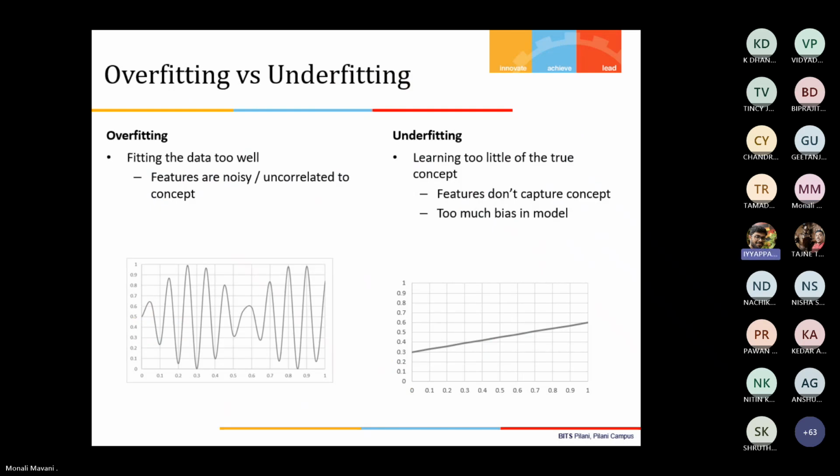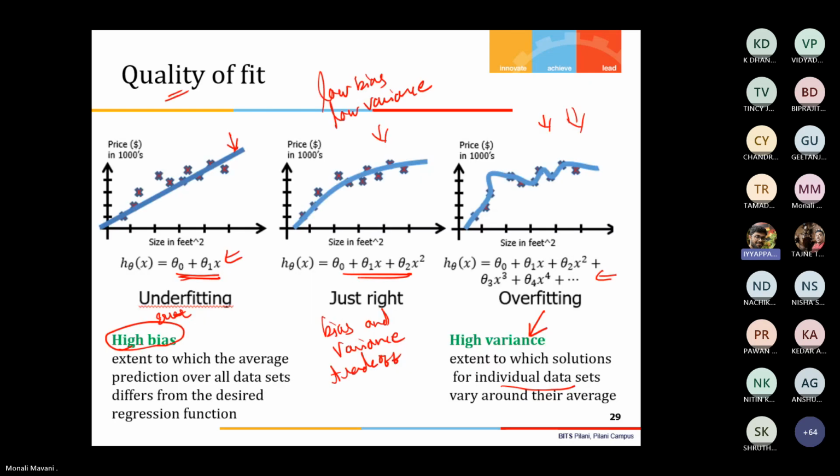Regarding the variance, will we consider the population or just the sample? We generally sample. During the validation, the data sets are sampled.